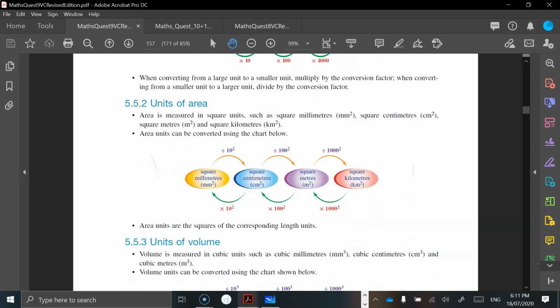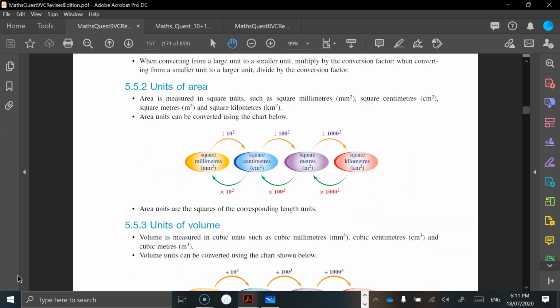If we convert units of area, you need to understand that it's not the same conversion as you would do with length, because everything is squared. So rather than 10 millimeters in every centimeter, there are going to be 10 squared millimeters in every centimeter squared. That's a really good way to think about how many decimal places you need to move, not just one, but two.